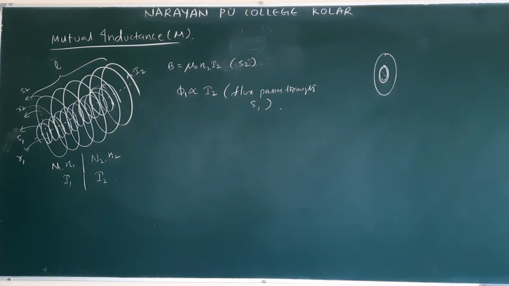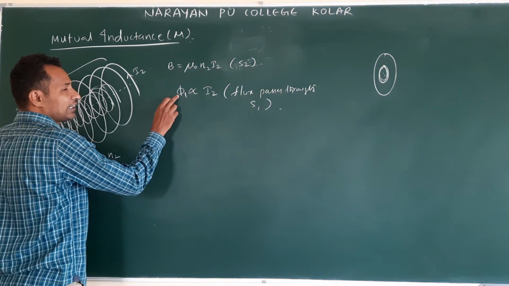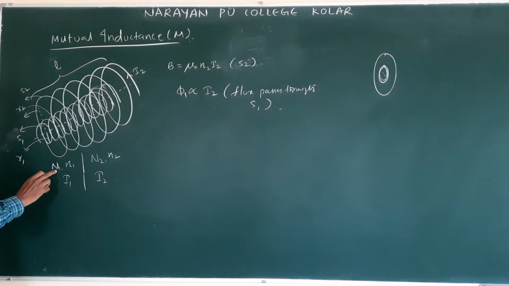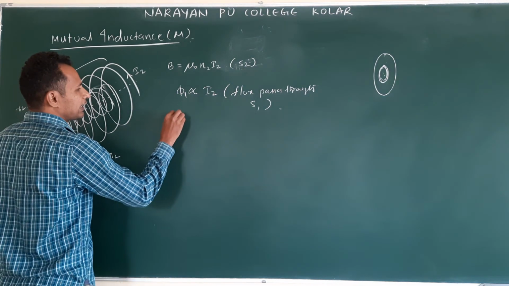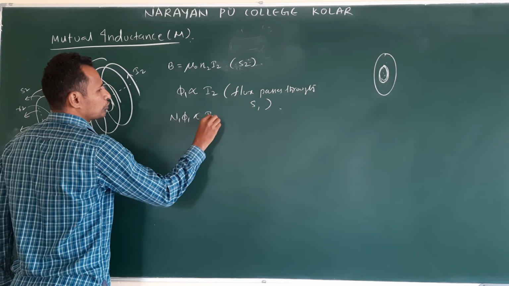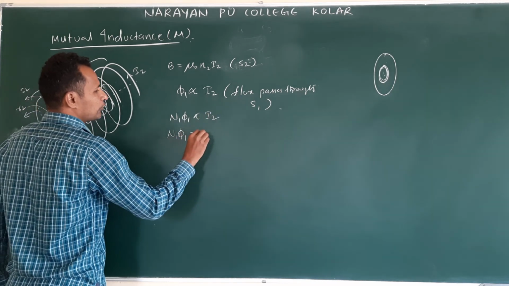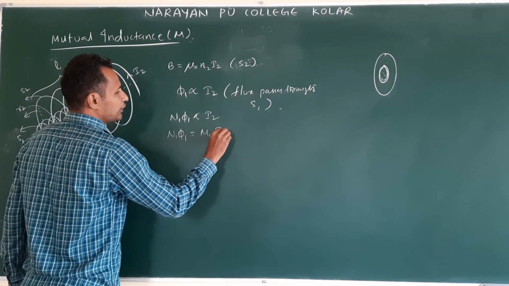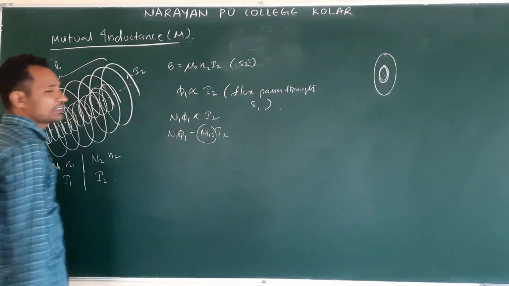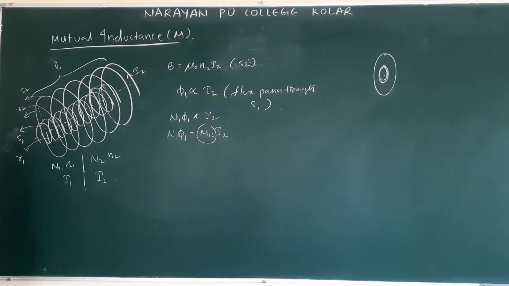Clear. This is for a single coil; the number of turns is N1. So I can write N1 phi 1 is directly proportional to I2. So N1 phi 1 is equal to M12 I2. This constant is called the proportionality constant, called mutual inductance, or sometimes the coefficient of mutual inductance.